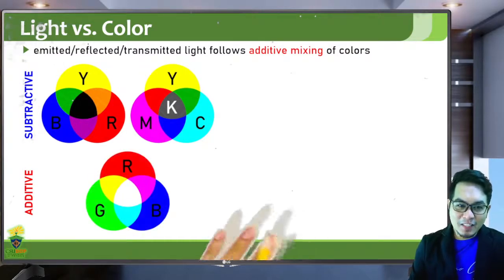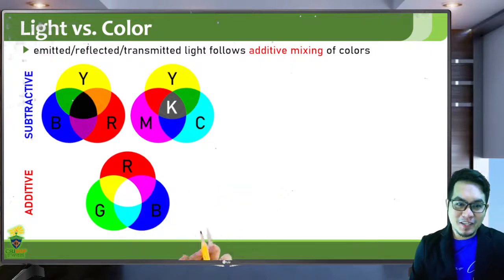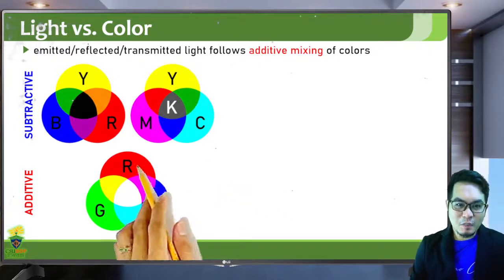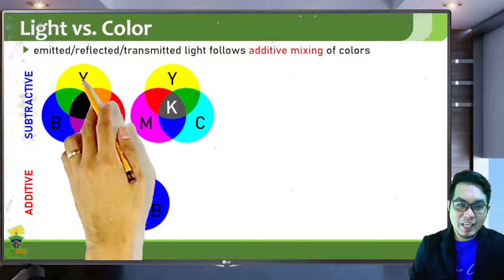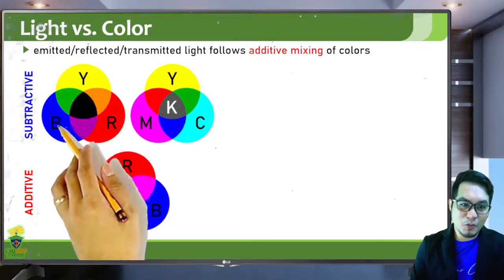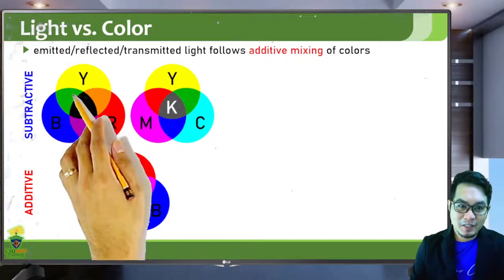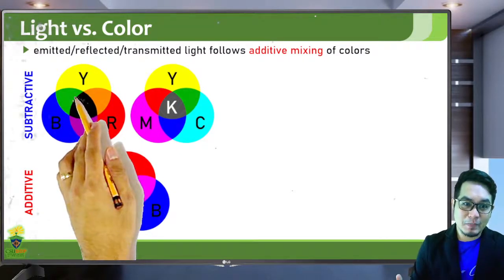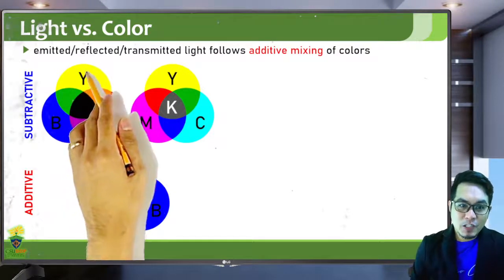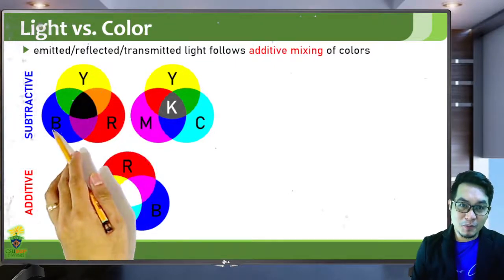So in the additive mixing of colors, the primary colors are RGB, red, green, blue. So if you combine red and green light, you will produce yellow light. Here, if you combine a yellow colored pigment and a blue colored pigment, you get green. But actually, in terms of the wavelength of light emitted by these materials, you're actually subtracting yellow from blue.